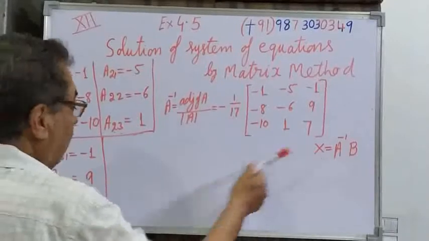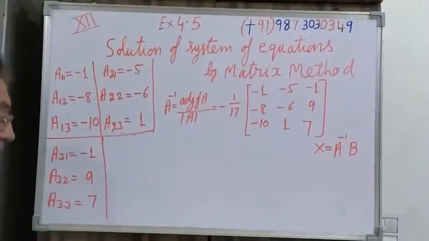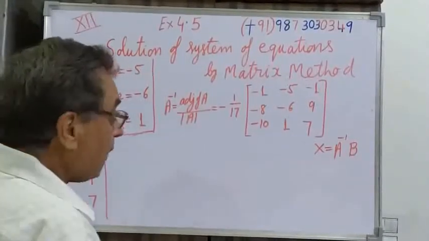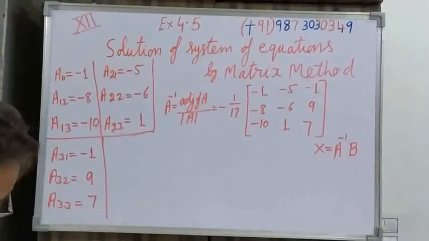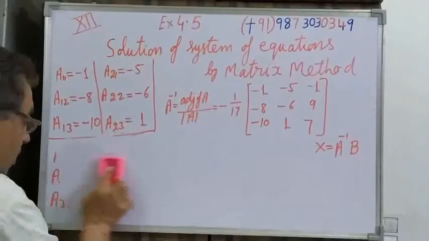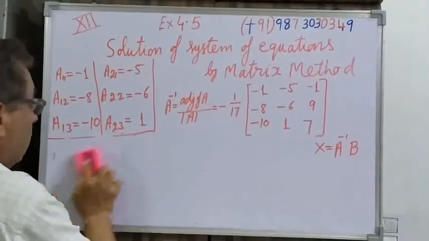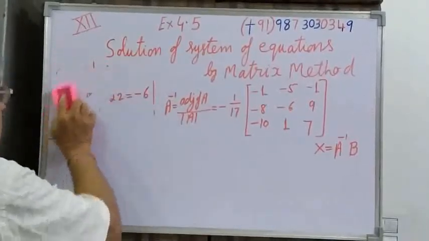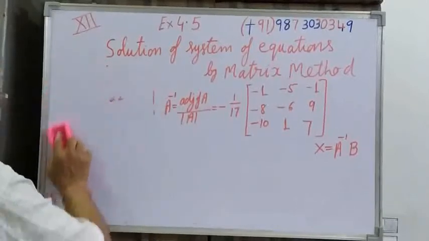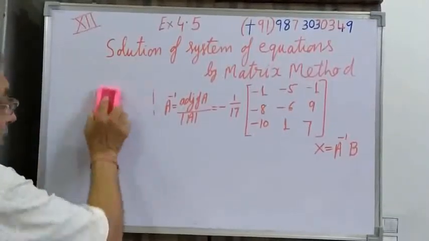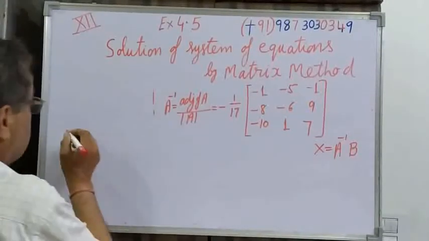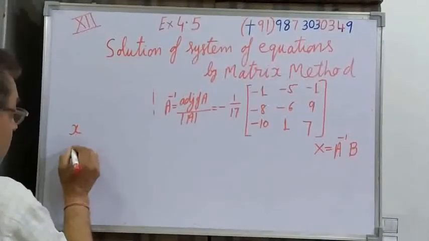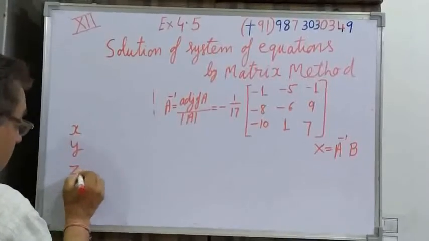Now let us go for this equation. I have written all this. So that is your x. I told you what the x matrix is. It is formed from the variables. So x means it is a matrix x, y and z.